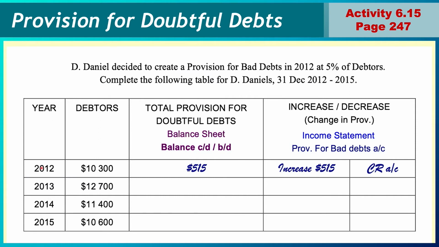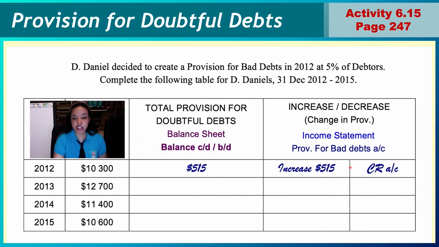So what you have for the first year, 2012, you have your debtors, 10,300. We have no bad debts to write off. So your provision, which they stated is 5% of debtors, therefore would be 5% of 10,300, and that will give you $515.